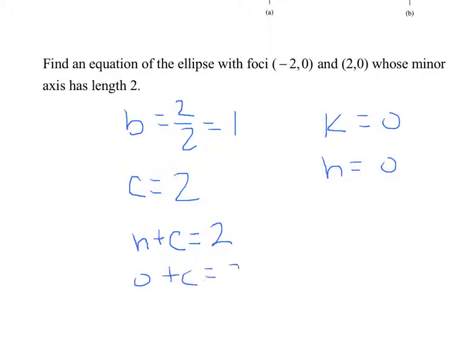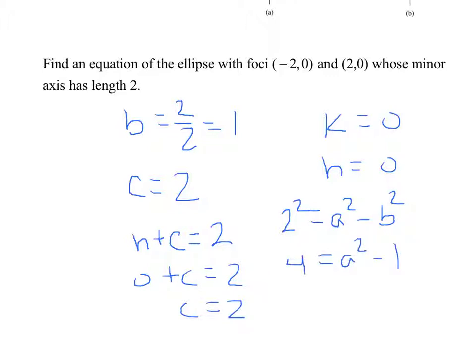So 0 plus c equals 2, so c equals 2. If b is 1 and c is 2, then 2 squared equals a squared minus b squared: 4 equals a squared minus 1. Add the 1, so a squared is 5.